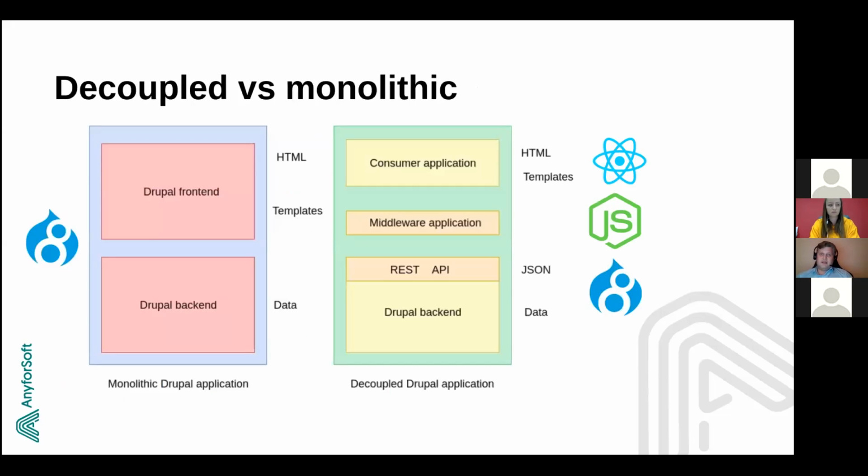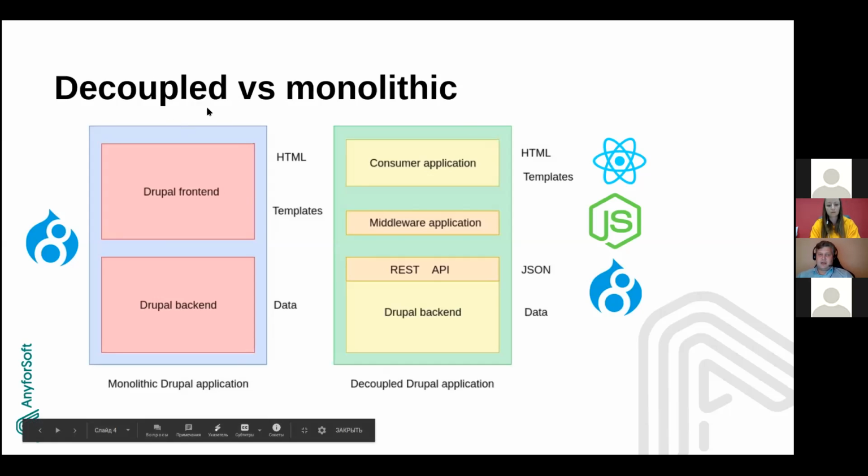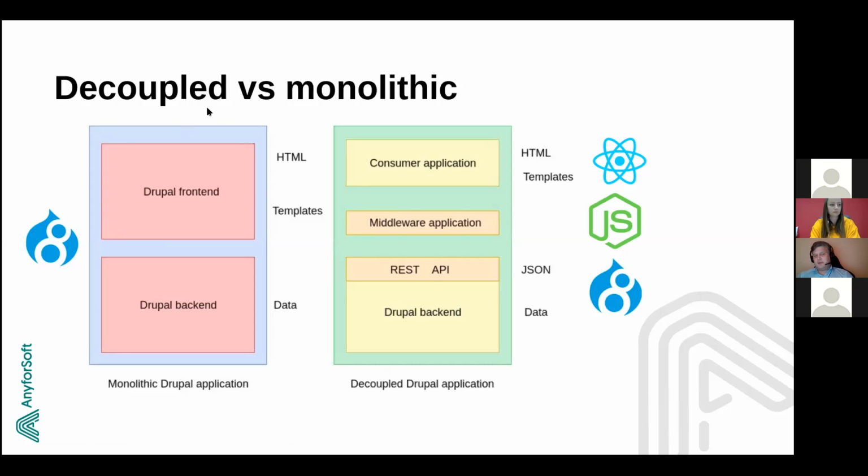So, for a clearer understanding of what I mentioned, let's do some comparison of decoupled and monolithic Drupal applications. As we can see on the left side of this diagram, we have monolithic Drupal applications.